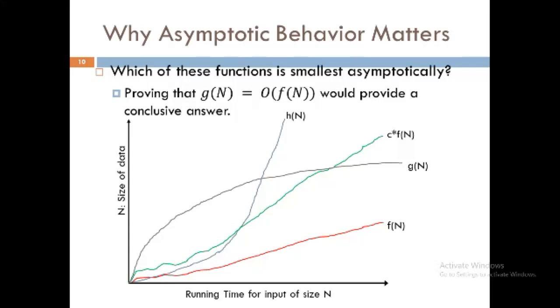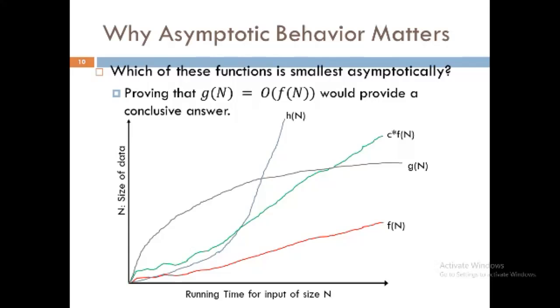This asymptotic theory of the second order linear ODE, together with the information on initial values, tells us that the Bessel function J v of z is approximately equal to 1 upon root of 2 pi v, into e z upon 2v whole to the power v, in which v tends to infinity.